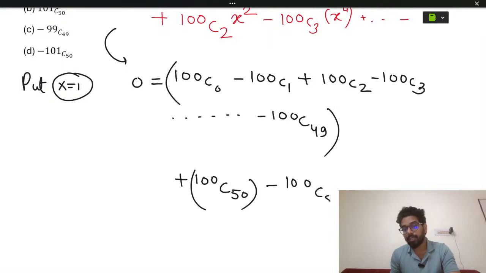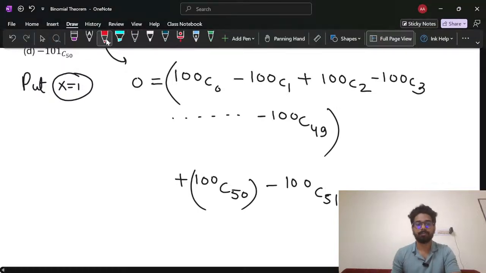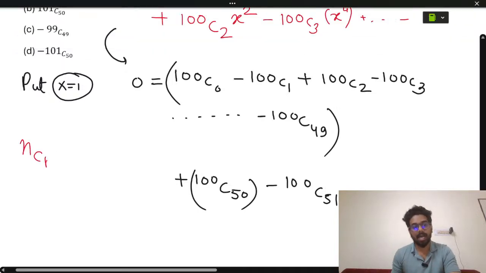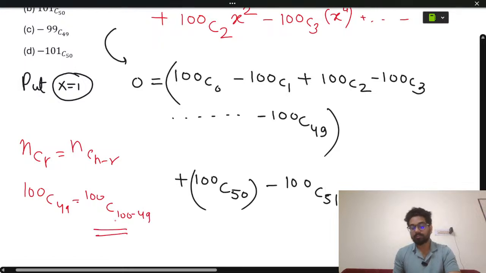Now the interesting part: 100C51 is equal to 100C49. How? We just said NCR is equal to NC(N minus R). So 100C49 is equal to 100C(100 minus 49). You see?